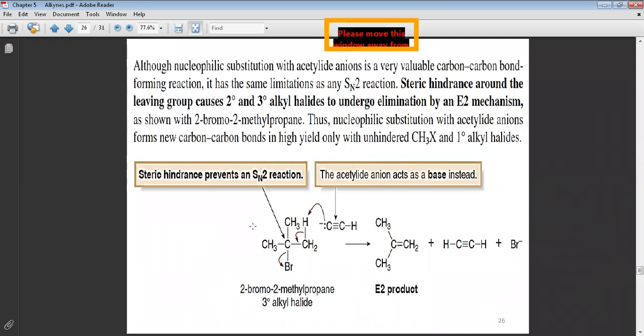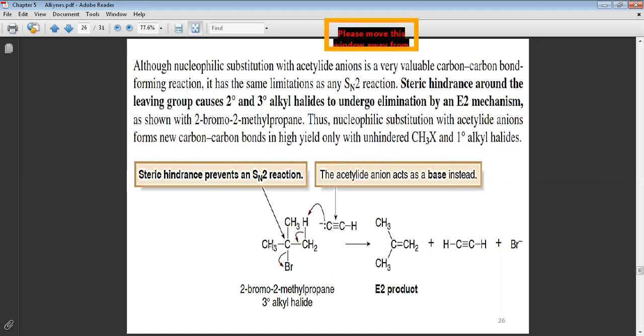It depends on what? It depends on the structure of the alkyl halide. Be careful about that. That means when I give you a reaction and want you to write the product, think about the reaction. If you have an alkyl halide, it can undergo an elimination reaction or a substitution reaction.